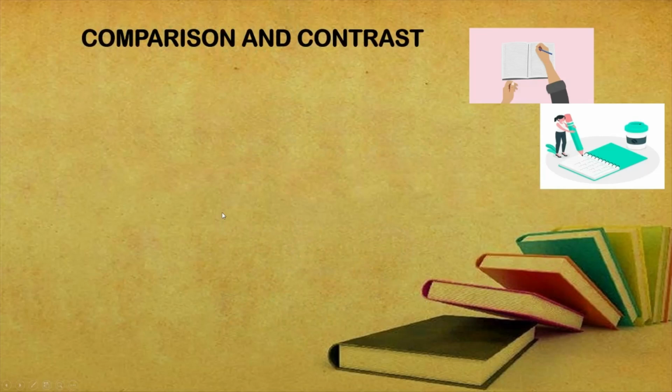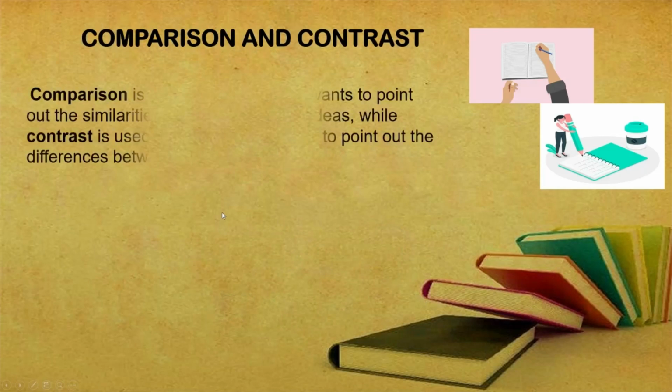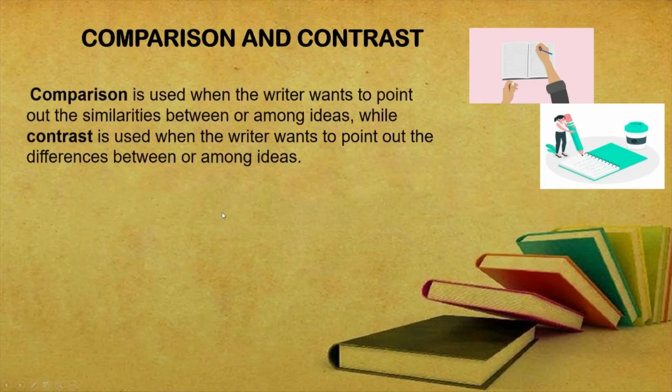Comparison is when the writer wants to point out the similarities between or among ideas, while contrast is used when the writer wants to point out the differences between or among ideas.